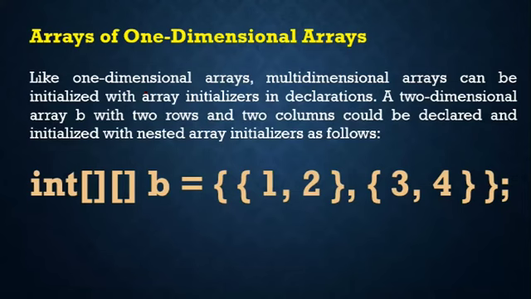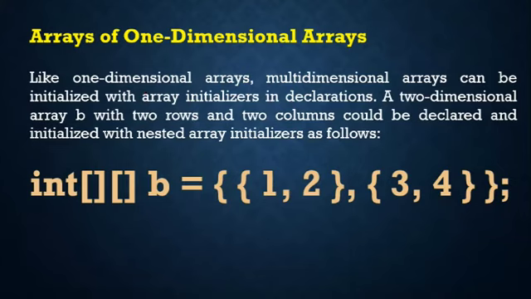So, arrays of one-dimensional arrays. Like one-dimensional arrays, multi-dimensional arrays can be initialized with array initializers in declarations. A two-dimensional array B with two rows and two columns could be declared and initialized with nested array initializers as follows.